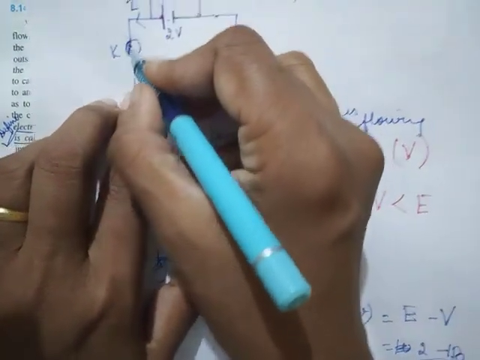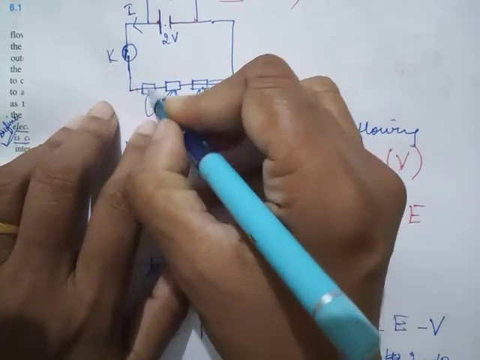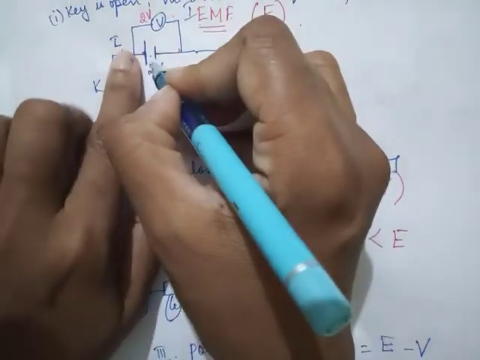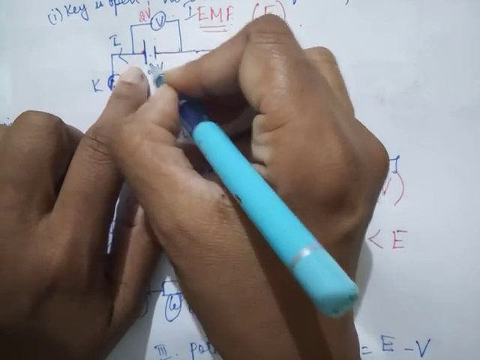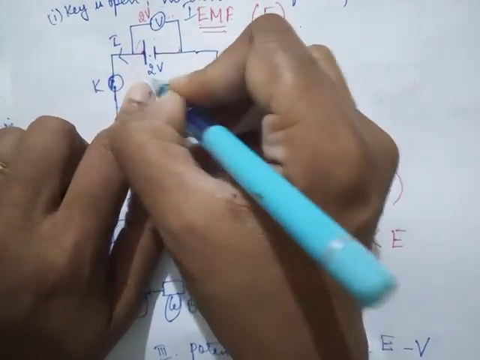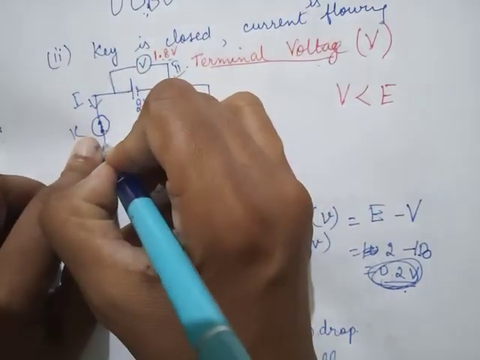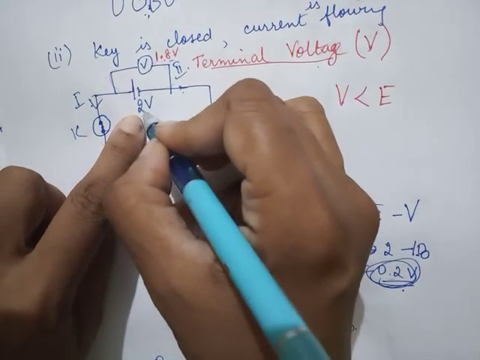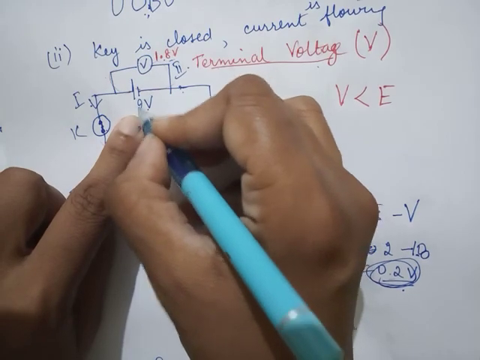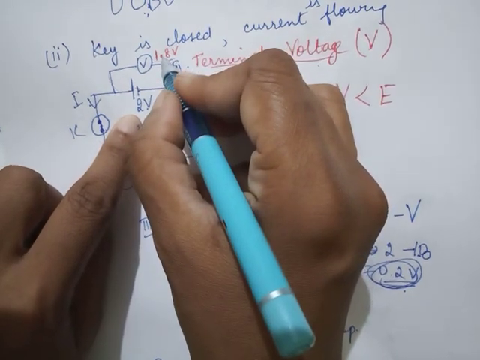So far the resistance we talked about is due to the wire or due to the load. But now we conclude that this battery itself offers some resistance to the current flowing inside. That's the reason why when current started flowing, it offered resistance, and instead of 2 volt it was giving only 1.8 volt.